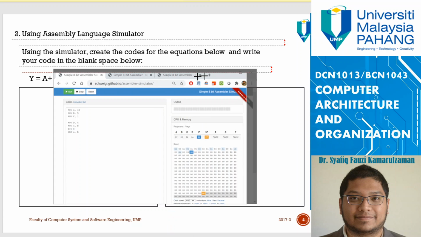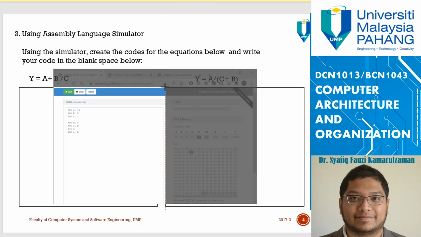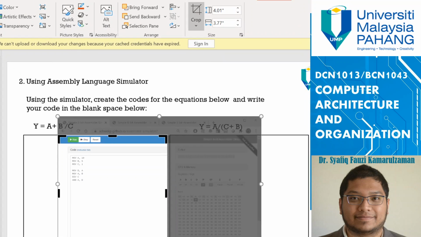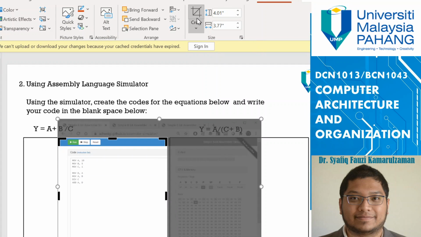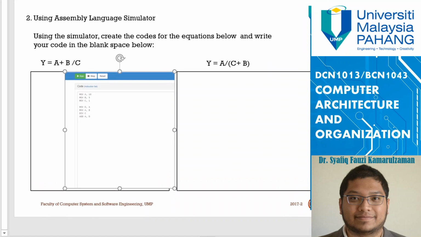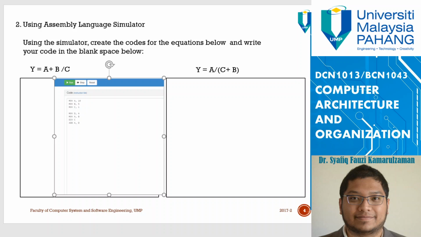Right click, you can crop them. Okay, and press enter. So at the top here, you can see that you have crop. You can crop it. Okay, so you finish with the first task already.